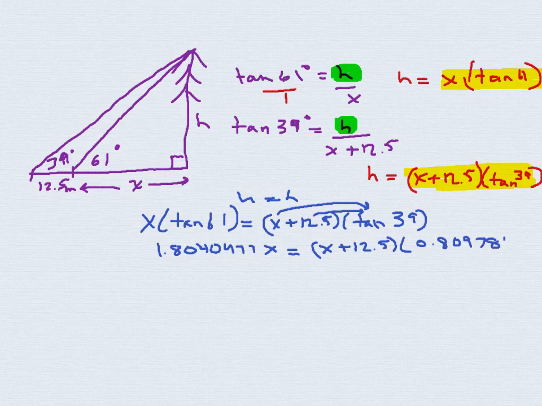If you take that value and multiply that by x, you're going to get it itself. 0.8097840x plus 0.8097840 times 12.5 is going to give you a new number, which will equal 10.1223.